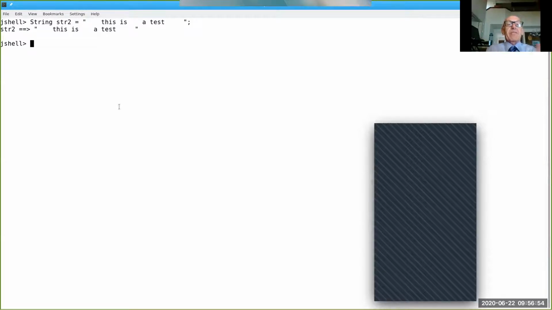What if I want to get rid of those blanks at the beginning and end? I can say string3 is string2.trim. You'll notice that gets rid of the beginning and ending blanks, but if there are a lot of blanks in the middle, it will not get rid of them. So we need to know about that.